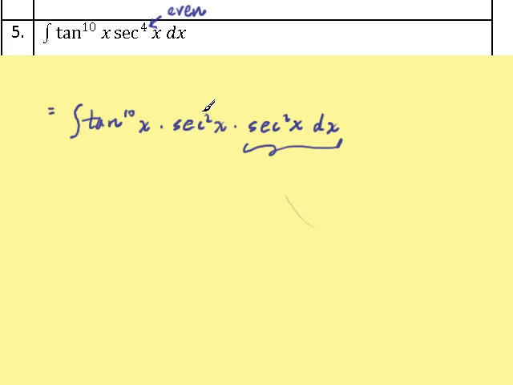All right, changing everything to tangent, secant squared is, we have this trigonometric identity, 1 plus tan squared x is equal to secant squared x. Okay, so we're going to just use this. So this is 1 plus tan squared.